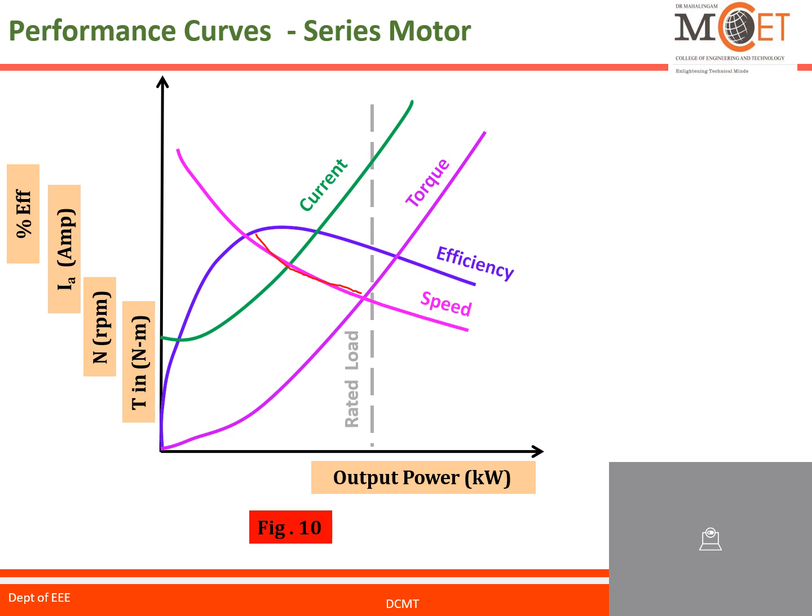One thing, please note that this type of series motor always operates with load. Without load we can't switch on this series motor because the same load current flows through the series winding, which is very dangerous.